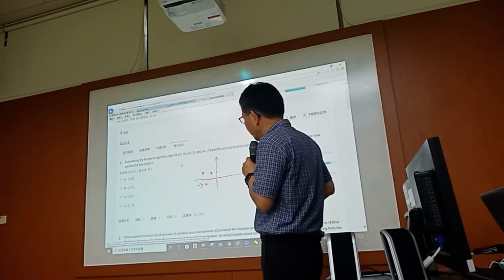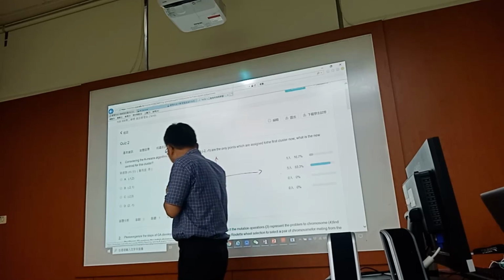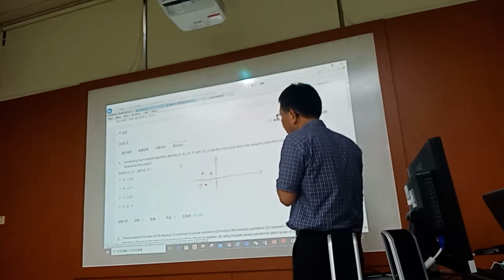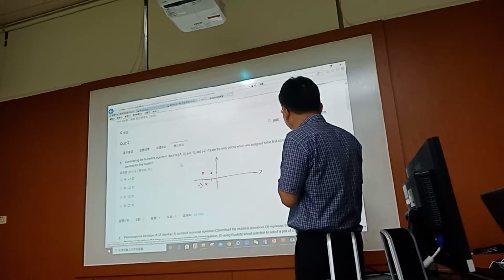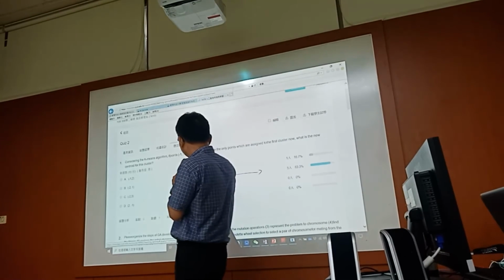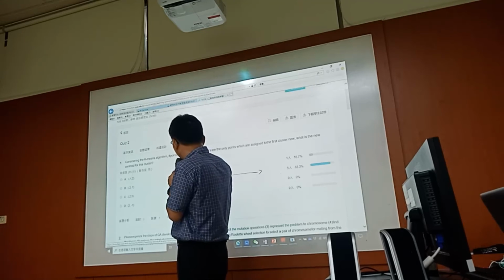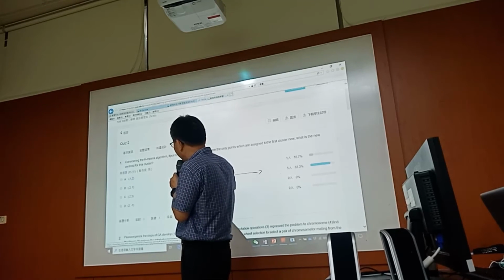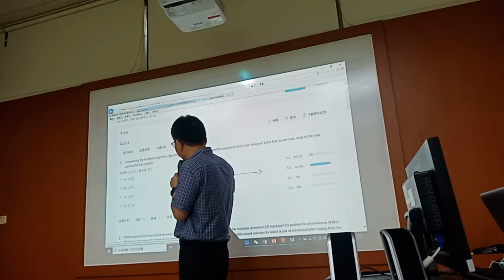Most people, we have 6 students, only one is wrong. So which one? -2, because the middle is -2, and 2 nodes are up, so they are here, so it is closer.